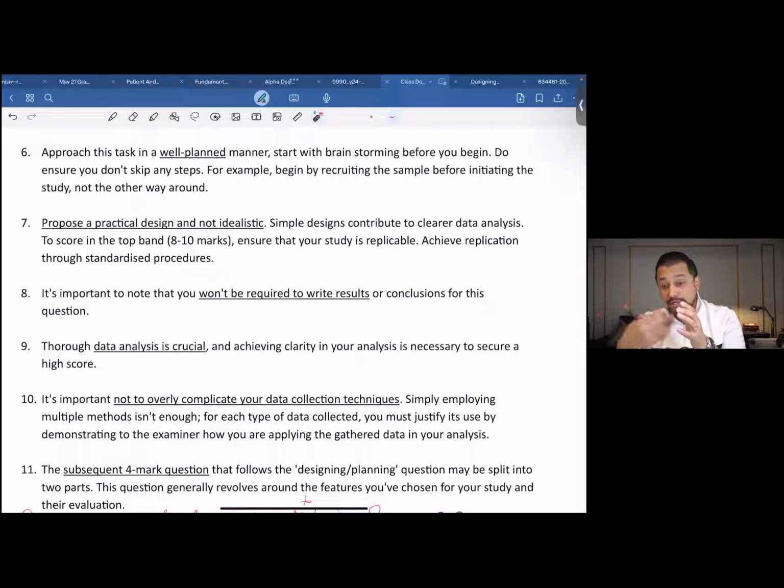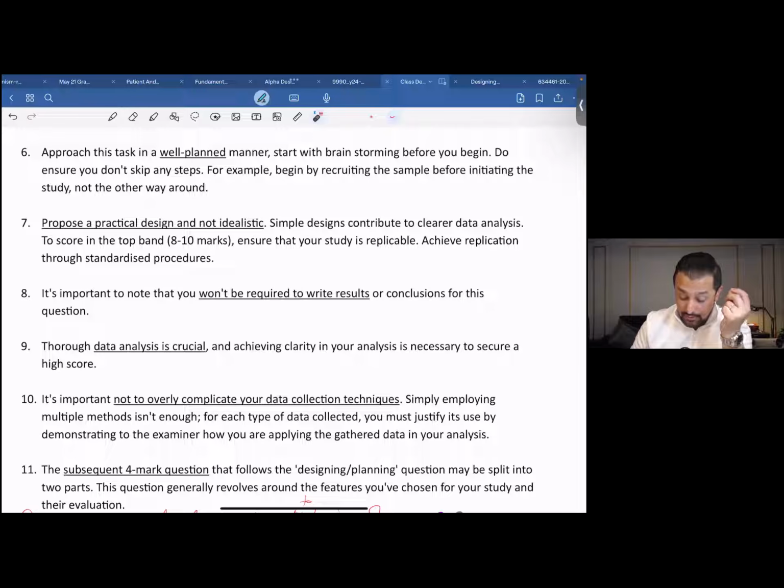Then comes your sampling technique, and then comes the research design, the procedure, data analysis, and then the results, right? So broadly, you could divide the plan into these different categories. Make sure you're not skipping any step.